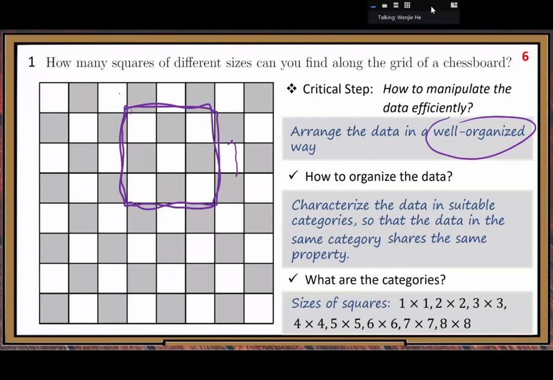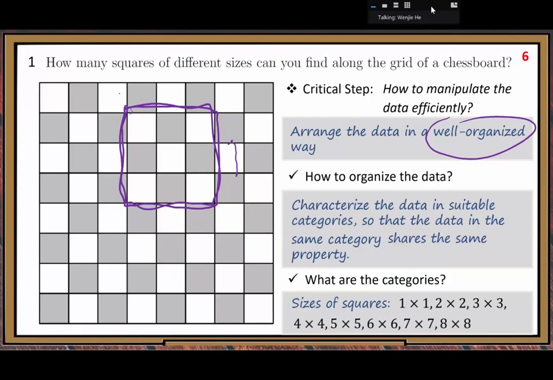Is that a natural way of thinking? Right, that's a natural way of thinking. All right, here, we will do that. Simplify the problem. How to simplify it?